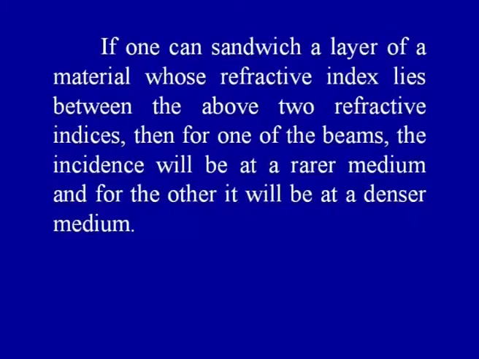We know that the two beams have different ray velocities, and as such the corresponding refractive indices are different. If one can sandwich a layer of a material whose refractive index lies between the above two refractive indices, then for one of the beams the incidence will be at a rarer medium, and for the other it will be at a denser medium.